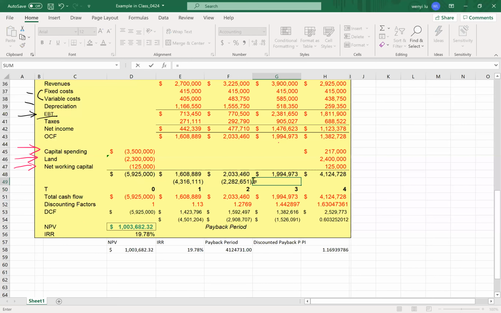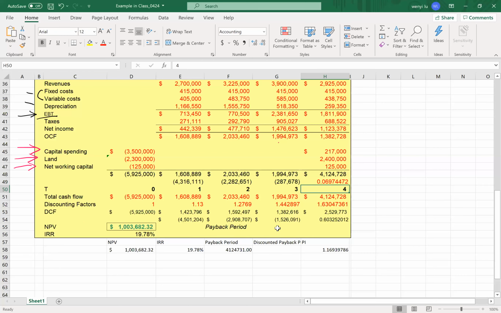Adding one more, still negative, but the number is much smaller, even less than the fourth year's cash flow. So we take a proportion, and then we change this to the regular number, 0.0697. This should be positive. That's the proportion of the fourth year you should take to cover this cost.